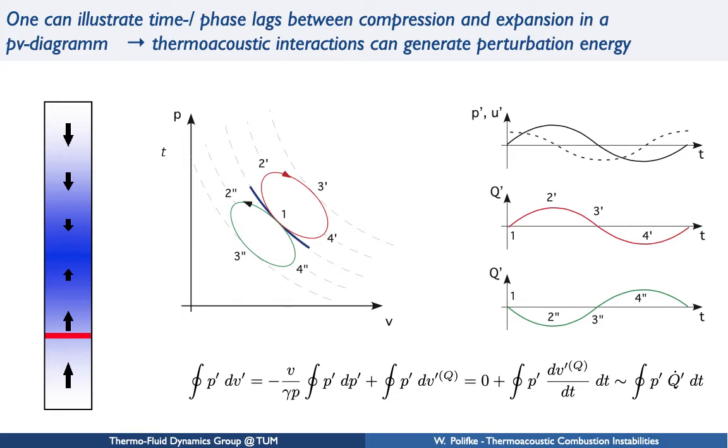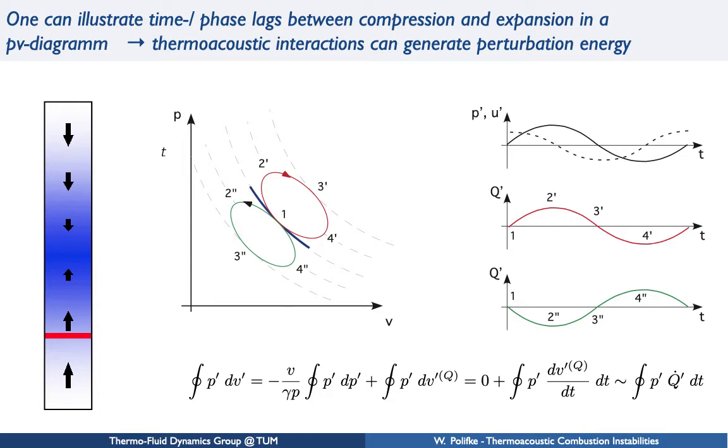Now if you look at the red circle, which brings you from 1 to 2 prime to 3 prime to 4 prime, that is a situation, you can trace this out also with the diagrams on the right, where pressure and velocity, so pressure would be the black continuous line here on the top graph, are in phase. So that is, heat is added at the moment of greatest condensation, as Rayleigh would say it. And this corresponds, as you see in the PV diagram, to a thermodynamic cycle with a clockwise sense of orientation.